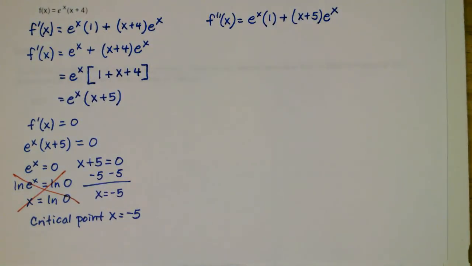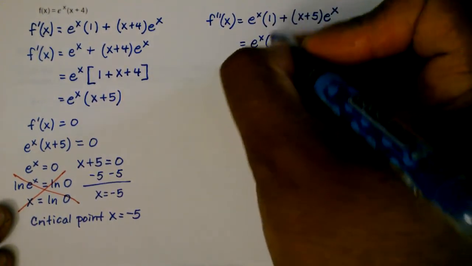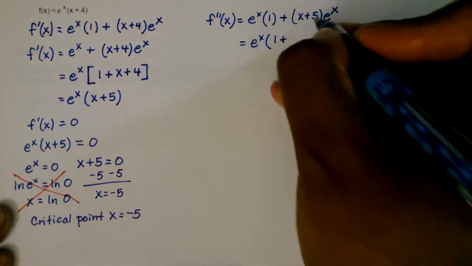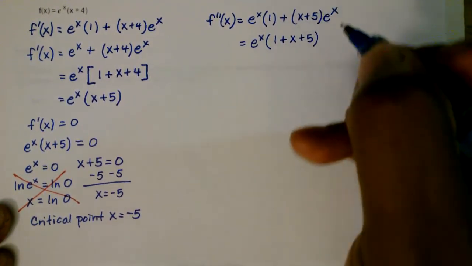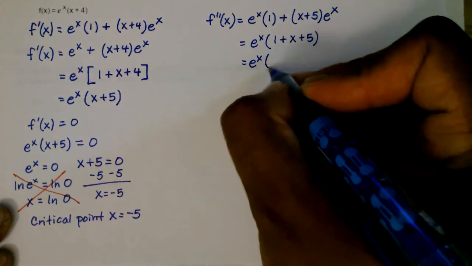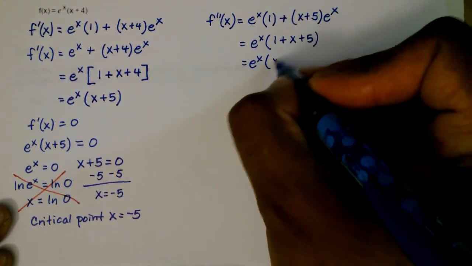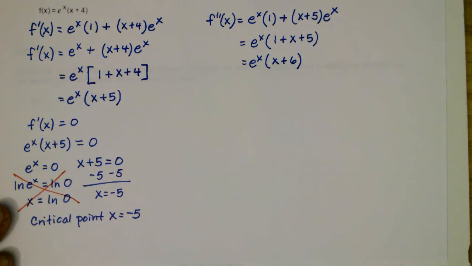I might as well go ahead and factor out e to the x. If I do that, I'll have a 1 plus the x plus 5. Combine 1 and 5 together, that will be 6. So it'll be e to the x times x plus 6.